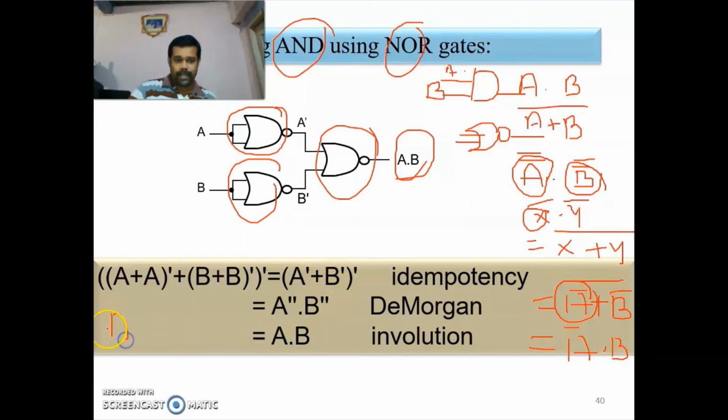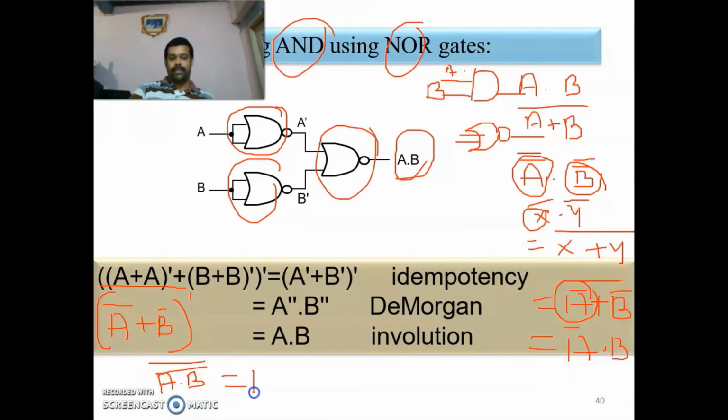So A bar plus B bar, the whole bar, is equal to A into B, the whole bar, again whole bar.